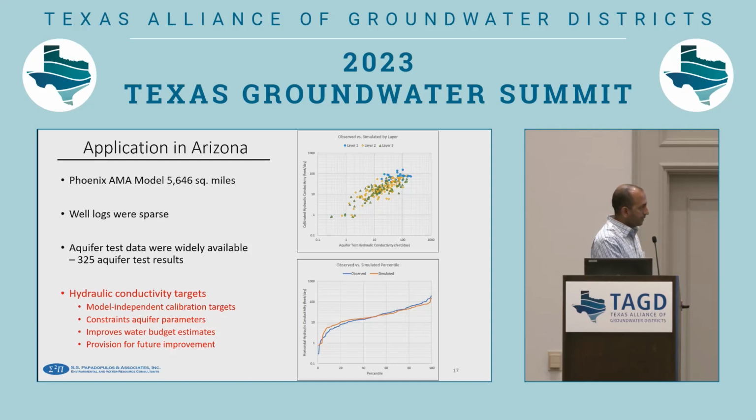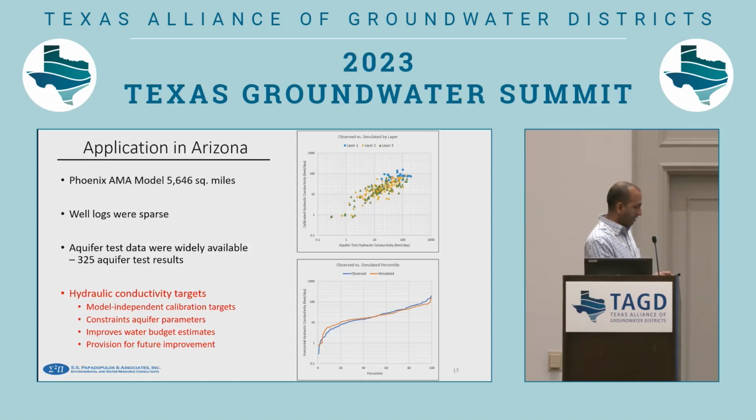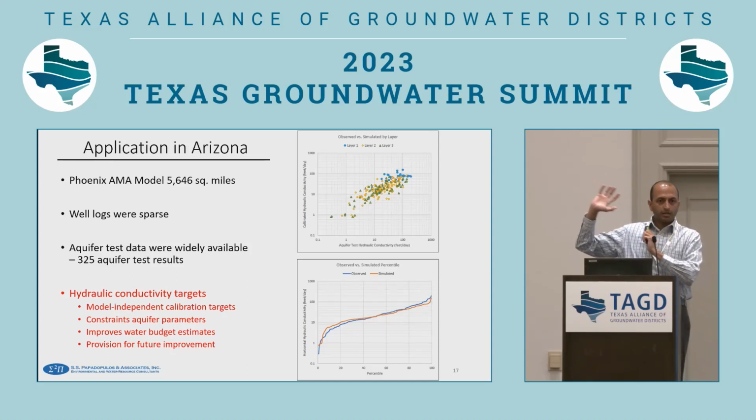We matched the mean and the overall distribution between the observed aquifer test results and the simulated results at the same points where the aquifer tests were done, which was quite encouraging. So we got model-independent calibration targets. This helped us constrain good aquifer parameters: what should the values look like so that the water budget gets controlled, not just by your head target, streamflow, and stream-aquifer interaction, all the other good targets.